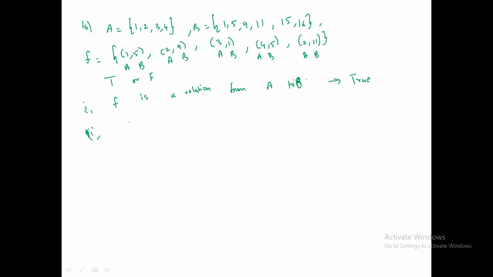Second one: F is a function from A to B. Here the x's are 1, 2, 3, 4. All of them are taken.